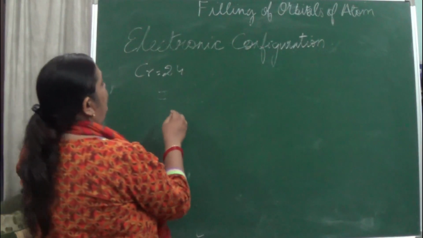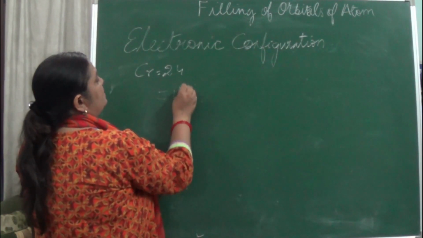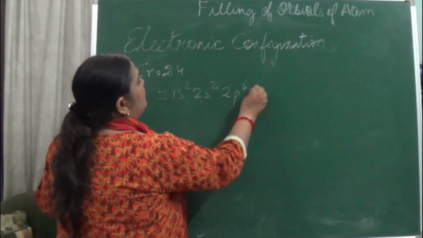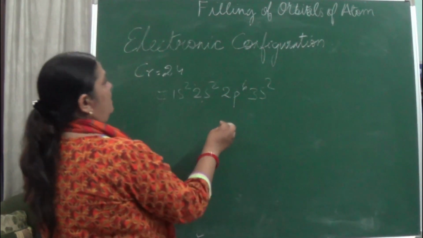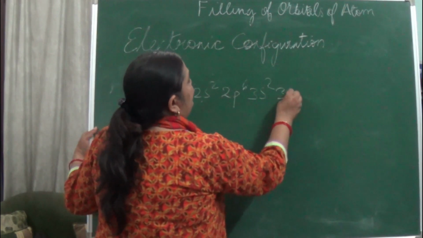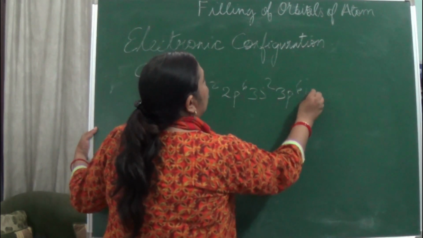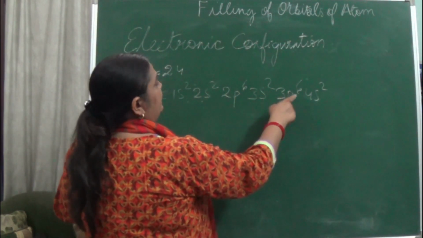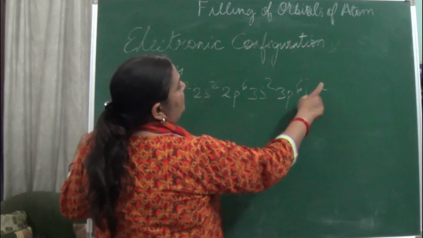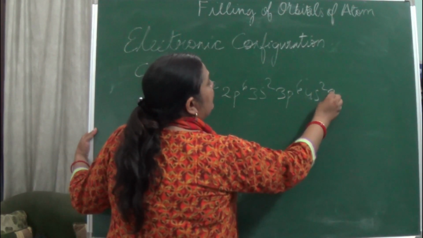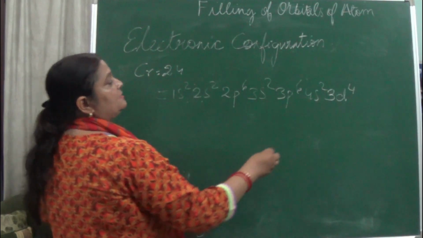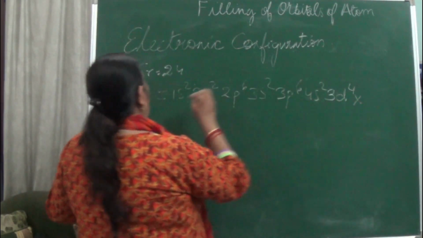It becomes 1s2, 2s2, 2p6, 3s2, 3p6, 4s2, how much did it become? 10, 12, 18, 19, 20, and here it will be 3d4. But this is wrong.